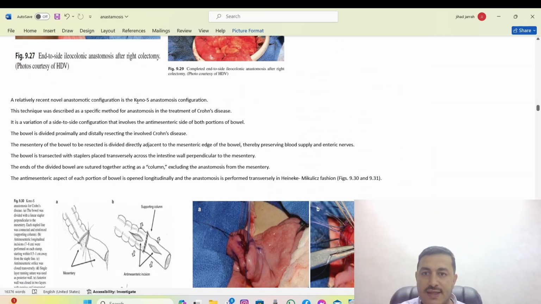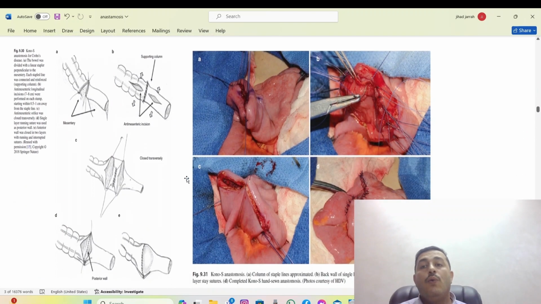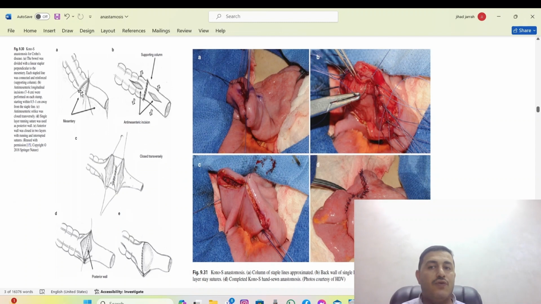This is the Kono-S anastomosis configuration. Simply, what we do is resection of the affected area. Let's say that it is the terminal ileum, the most common site of Crohn's disease. We resect it. We close actually the two ends.